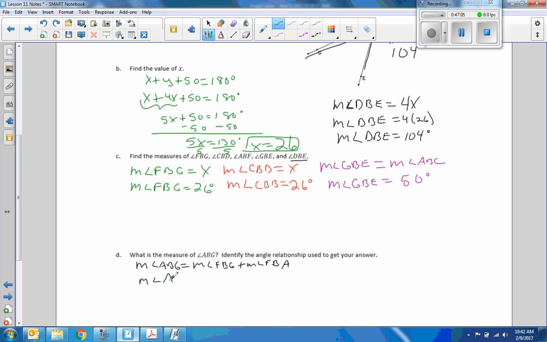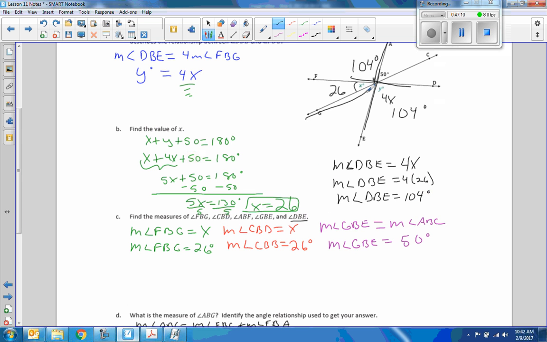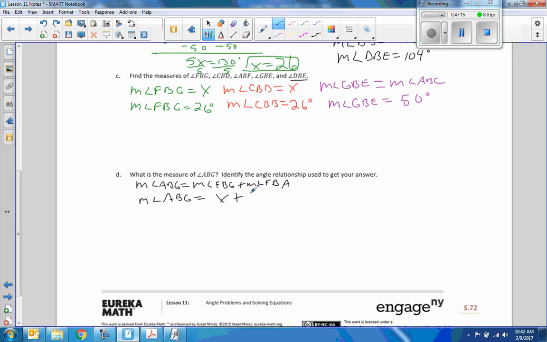So the measure of angle ABG equals FBG, which was x, and the other one was 4x, so x plus 4x, the measure of angle ABG equals 5x. So therefore the measure of angle ABG equals 5 times my x, which was 26, which is 130 degrees.